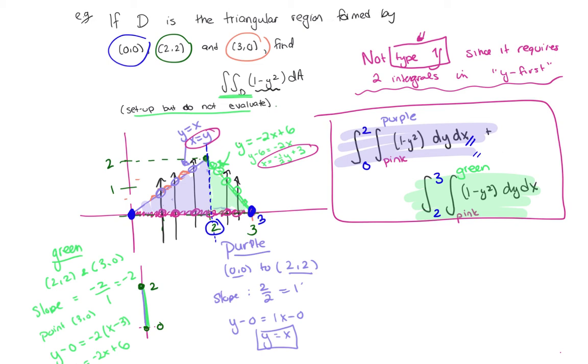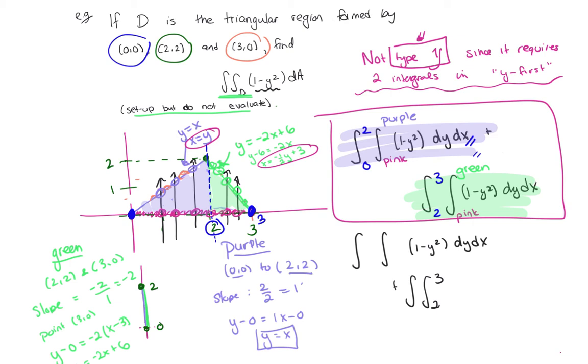If I want to actually finish this, though, I shouldn't just write pink and green and purple. I should actually put in those curves. So let's go ahead and finish that up. I'll put in all of the pieces again, dy dx plus that second integral. Oops, I put those constants in the wrong place.